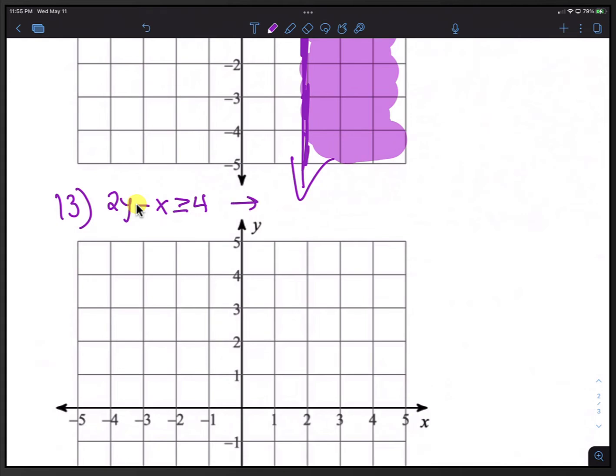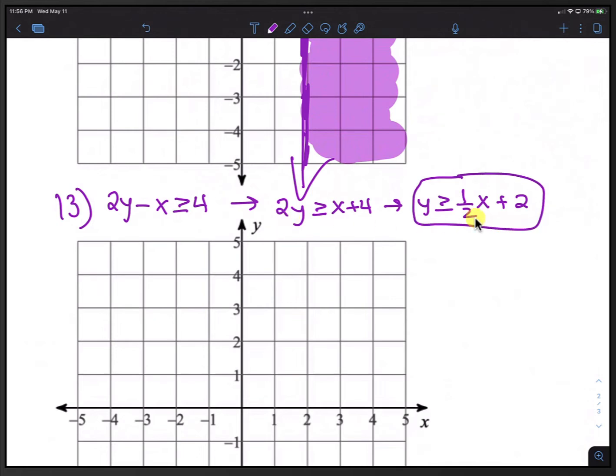So the next step would be to move the x over to the right side by addition. So that would give us 2y is greater than or equal to x plus 4. Then we'll need to divide by 2 everywhere. So that would be y is greater than or equal to 1/2 times x plus 2. So this is the inequality we're looking at.